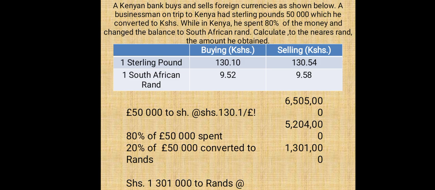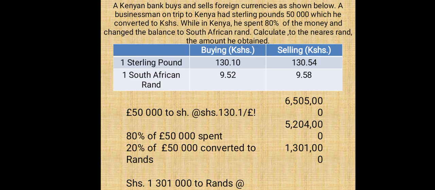Now 50,000 pounds is converted to Kenya shillings at a rate of 130.1 per pound. So the businessman got 6,505,000 Kenyan shillings. Now, if he spent 80% of that, that is equivalent to 5,204,000 Kenyan shillings.